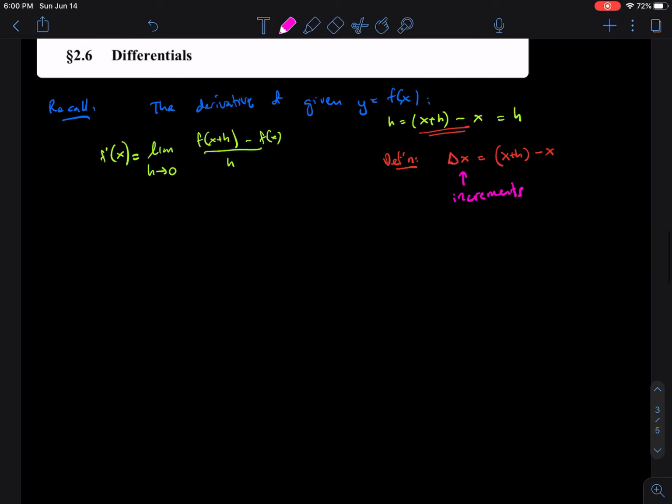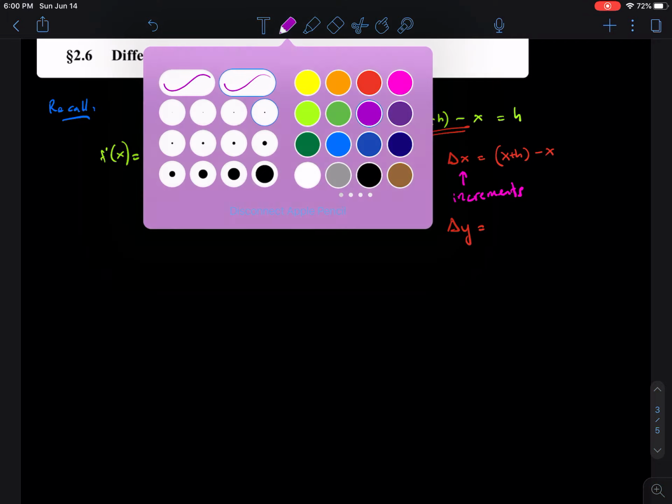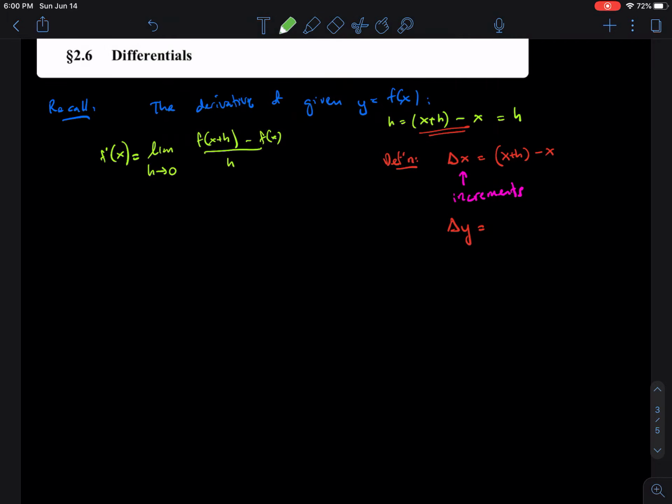Then let's define delta y to be the change in y: f of x plus h minus f of x. Delta y is the change in y, and delta x is the change in x, also known as the increment.